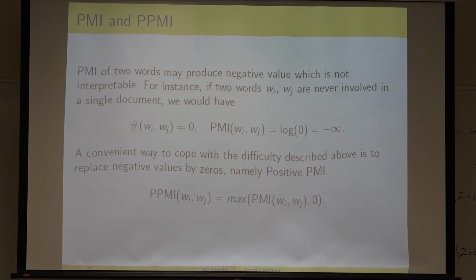To fix this, there is another quantity, positive pointwise mutual information, which is simply the max of PMI and 0. Anything which is 0 or negative, just set it to 0. This is called PPMI.